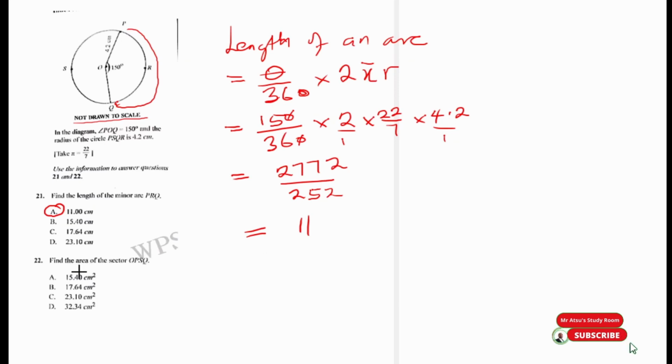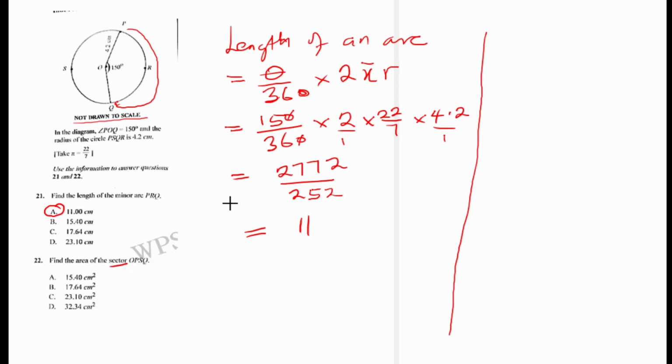Then we get to question 22, which is, find the area of the sector OPSQ. The sector of a circle is formed by an arc and 2 radii. This was called the minor arc in question 21. It is the minor arc because we have 2 arcs coming together to form this circle, the arc PRQ and the arc PSQ.